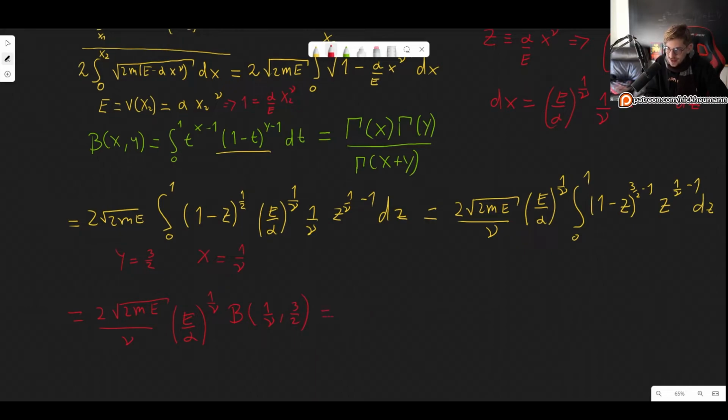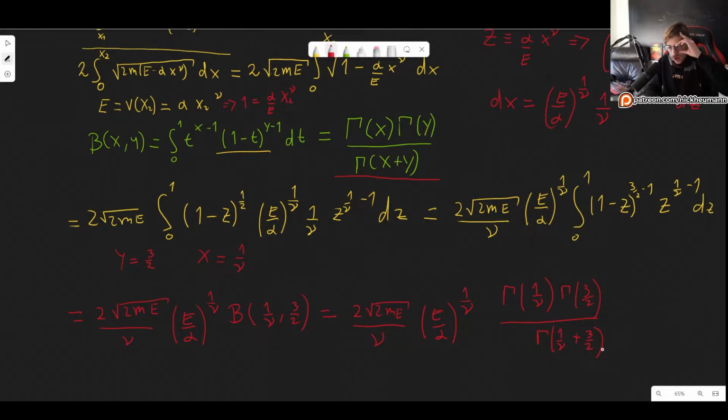And what is that? Well, we already know, right? This thing right there. So 2me over nu, and well, the constants, they haven't changed. So 1 over nu. And now we write the result. So gamma of 1 over nu, gamma of 3/2, and then we have gamma of 1 over nu plus 3/2.